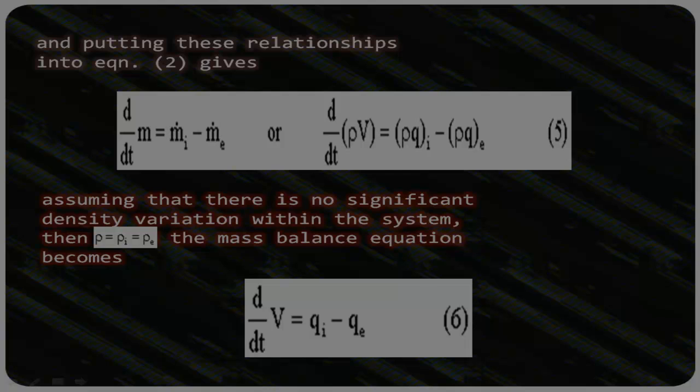When this happens, we have either partial filling or draining of the system, and the solution of equation 6 gives V as a function of time. Knowledge of Qi and the relationship between Qe and V should allow solution of equation 6, thus giving the value of V as a function of time. This information can then be incorporated into equation number 3.